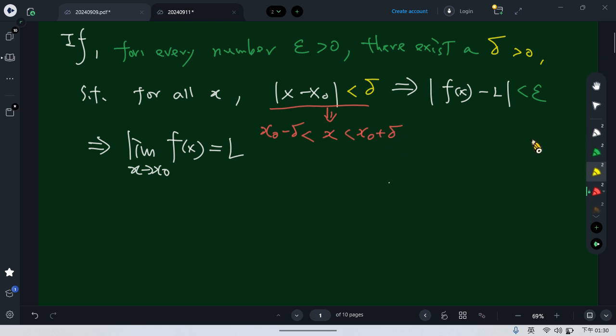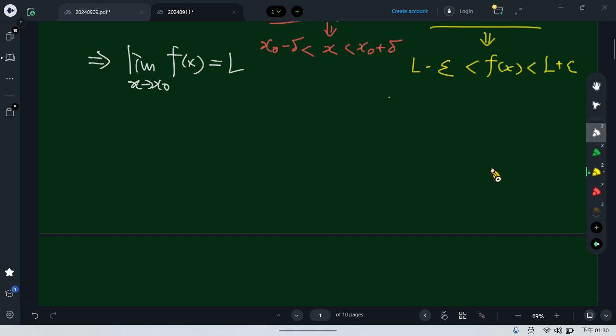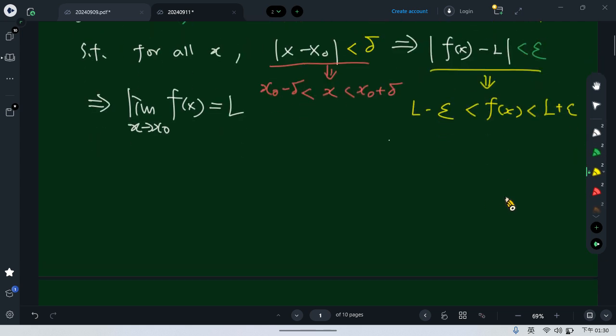Also, you can explain this as f(x) will sit between L minus epsilon and L plus epsilon. So let me just draw a picture for you, so that you can know that.